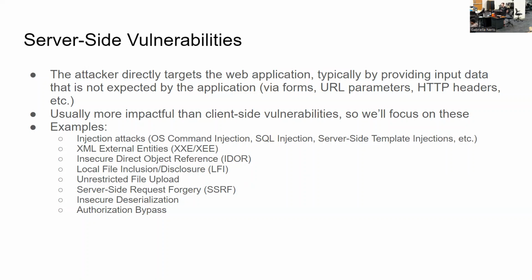There's a very wide category of attacks called injection attacks, which are basically where input is passed into a different context where certain characters have different meanings than in the context they were originally input into. One example is OS command injection. Let's say the web application wants you to provide a host name so that it can ping it.